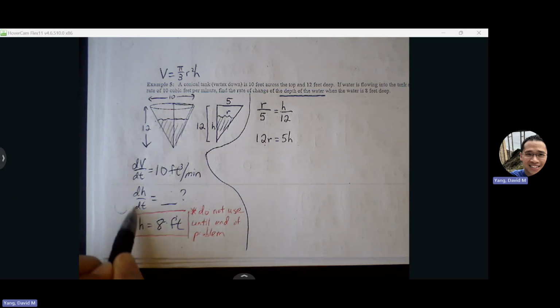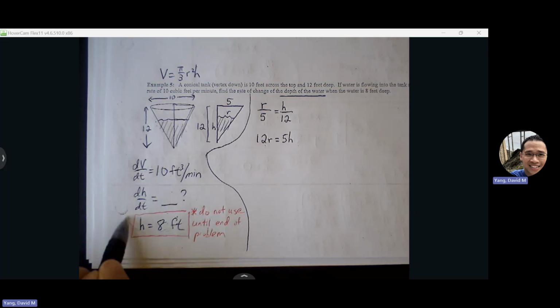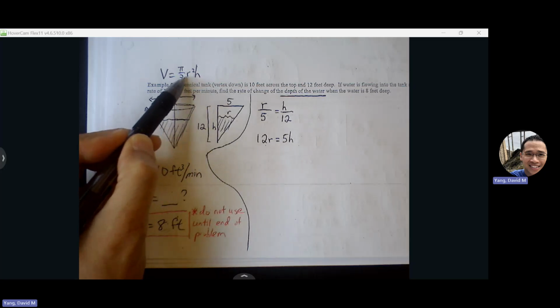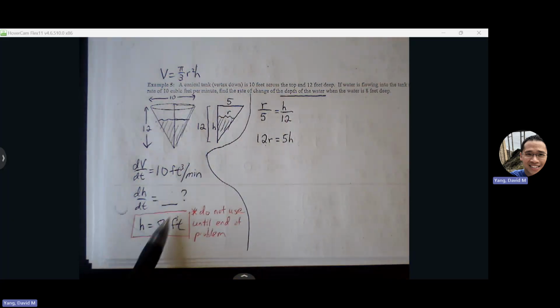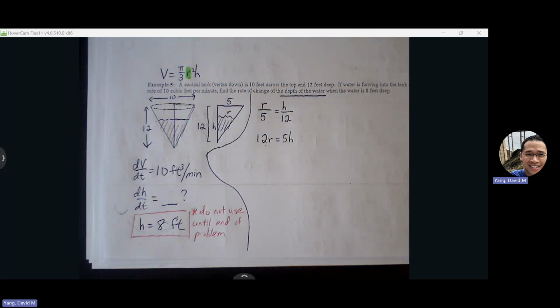If you look, everything here is in terms of h. So we would prefer to have h in our equation, which means that we would like to replace r. Okay, so if I can replace r in terms of h, then everything is in terms of h, our derivatives are in terms of h, and these will just naturally show up for us. So our goal is trying to find a replacement for r as we make our substitution.